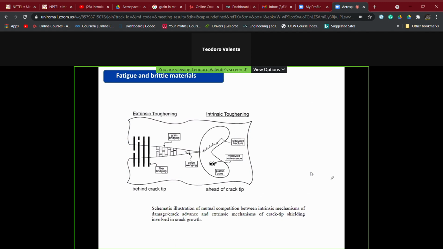So we can have grain bridging, fiber bridging, and we can have cleavage, microvoid coalescence ahead of the crack tip for metallic alloys. Otherwise, for the brittle materials, behind the crack tip, the extrinsic toughening phenomena are the most important.